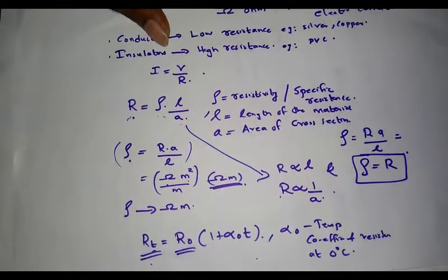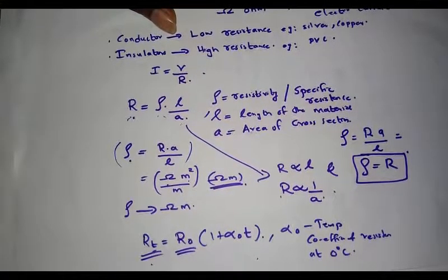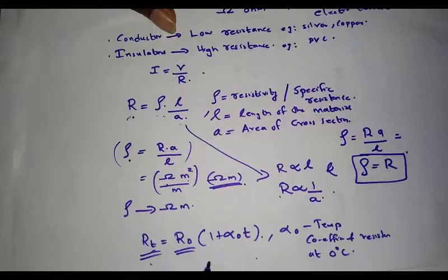Alpha 0 is different for different materials, such as copper, aluminum, silver, etc. So from this relation we can determine the resistance of a material at any given temperature.